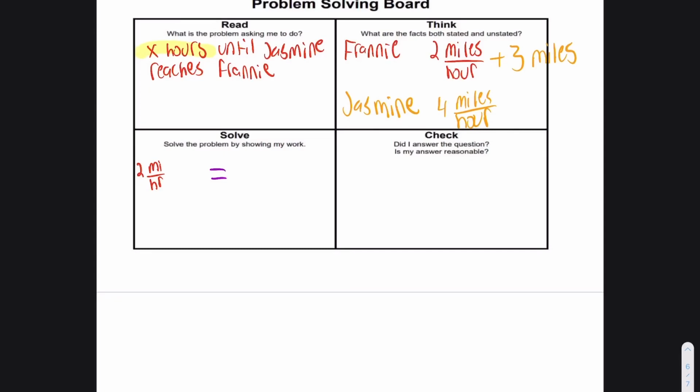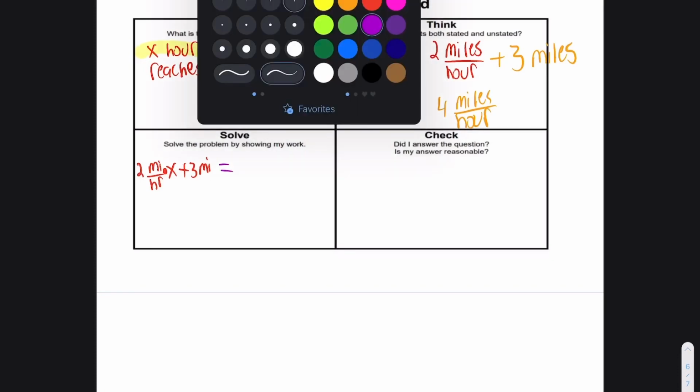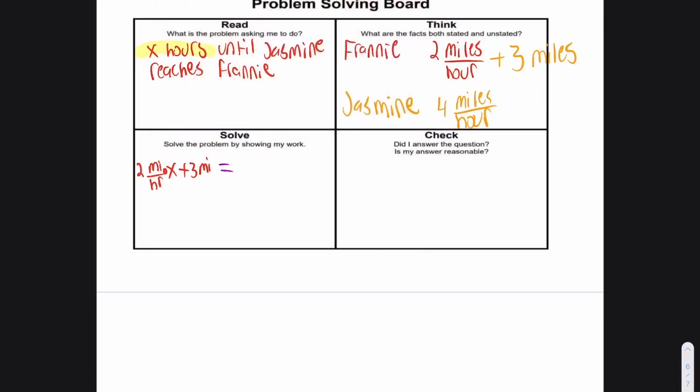So if this is miles per hour, and then our variables are hours, X is going to multiply right there, times X. And then we also have a plus 3 miles. And that's going to be equal to Jasmine's side, which is just 4 miles per hour times however many hours she walks.